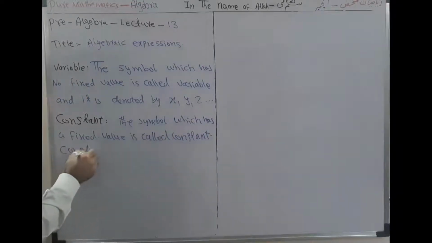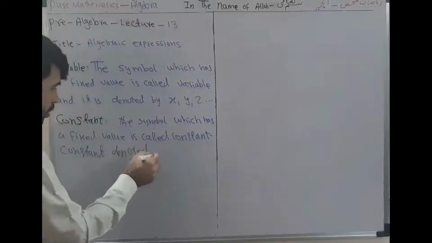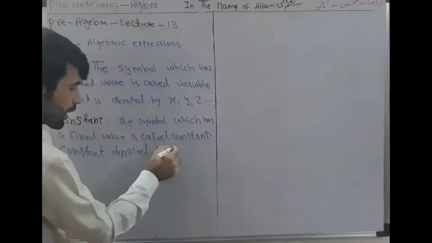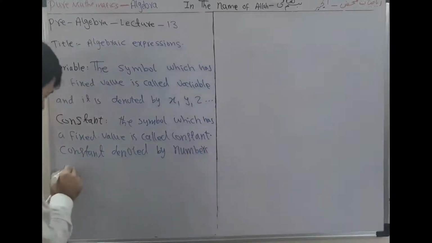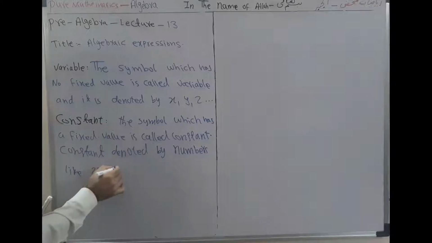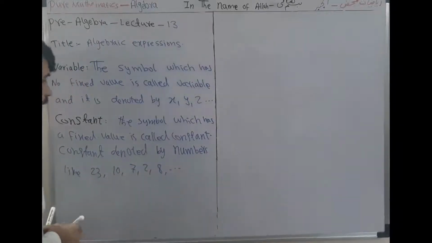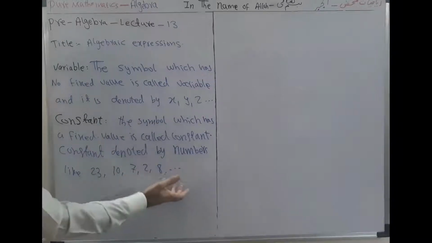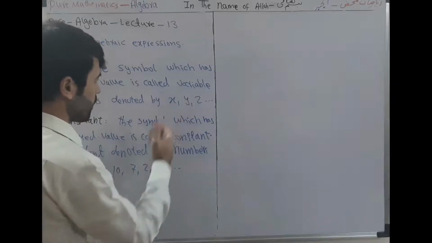Constants are denoted by numbers like 23, 10, 7, 2, 8, and so on. These are constants, and these are variables in algebra.